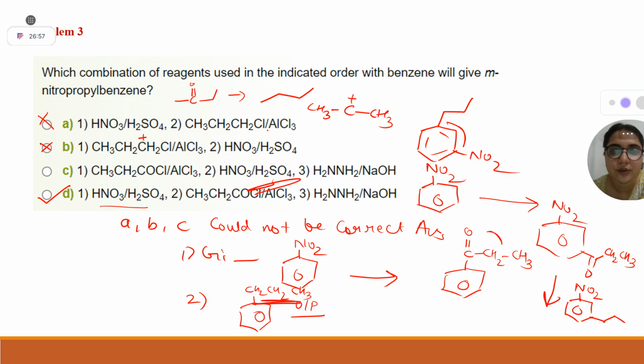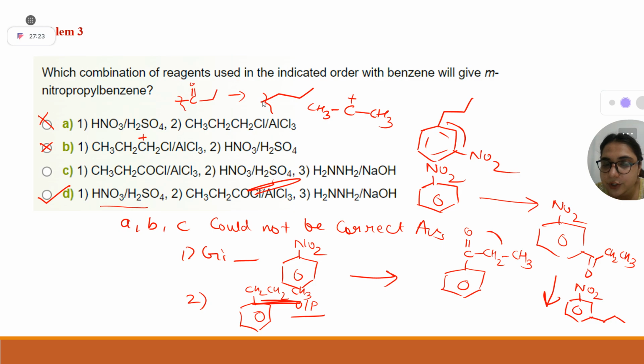Yes or no? Yes, ma'am. So one condition is acidic and another condition is basic. Whenever you have acid sensitive groups in your benzene ring, which condition will you use, Wolff-Kishner or Clemmensen?